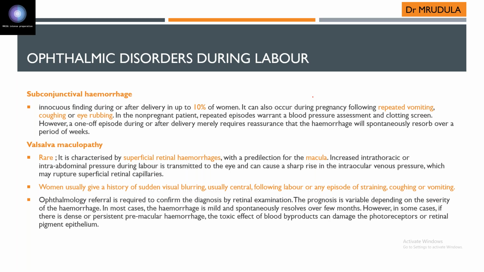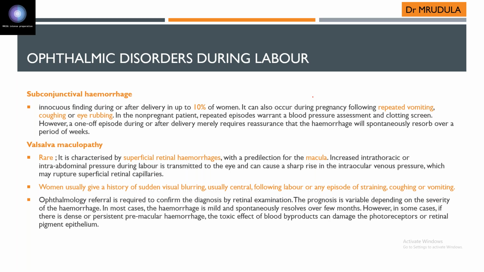Then Valsalva maculopathy, it is a rare condition. It is usually superficial retinal hemorrhages, usually involving the macula. The cause can be increased intrathoracic or intra-abdominal pressure during labor, which is transmitted to the eye and can cause a sharp rise in intraocular venous pressure, which causes rupture of the superficial retinal capillaries.